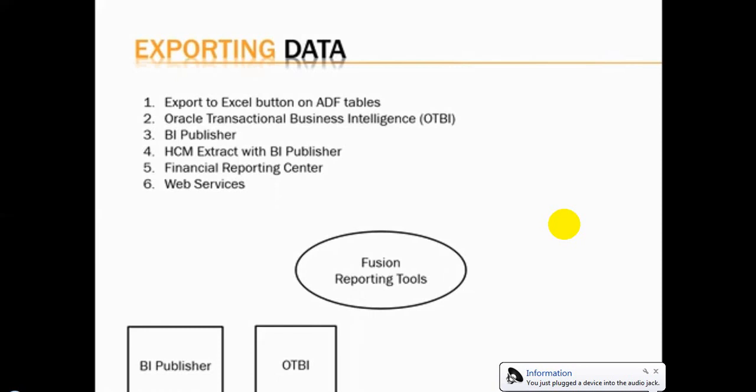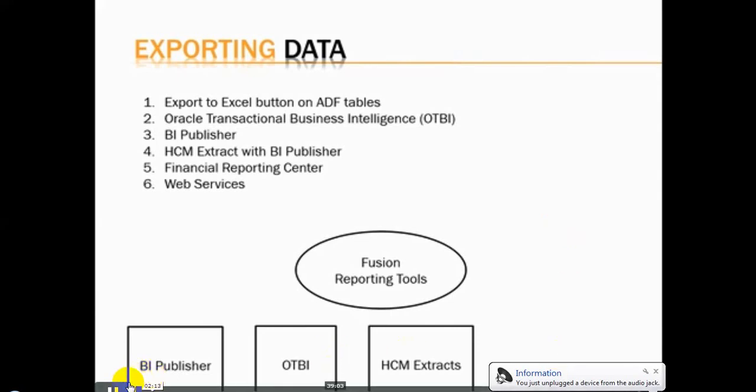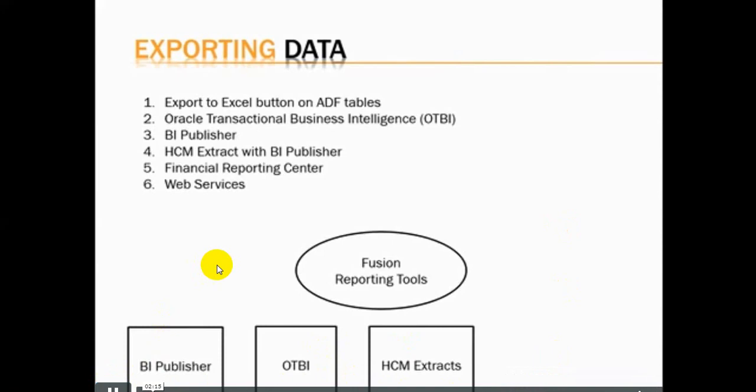And we have another tool which is used in the HR module only, called HCM Extract, which is specific to the HCM module alone, where we can export HR data out of the Fusion applications. Most of the time HCM Extracts takes help from the BI Publisher and then generates the data. We will see each and every individual topic.